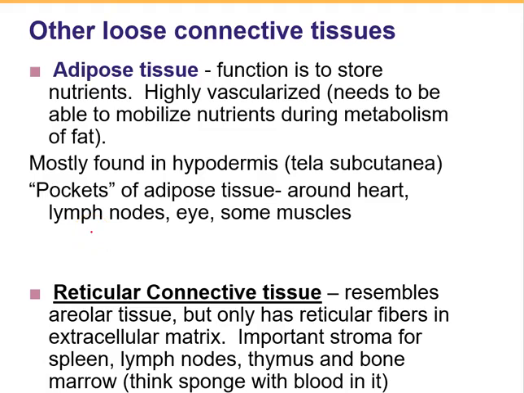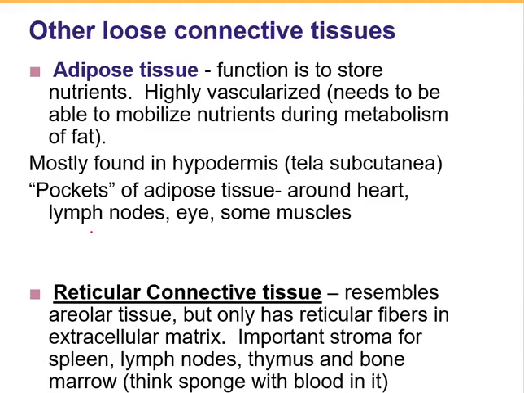Next, loose connective tissue is adipose tissue. The adipose tissue is going to store the nutrients, which are lipids, and it is also highly vascularized. It means that we can find many blood vessels in the adipose tissue as they need to be able to mobilize the nutrients during metabolism of fat.